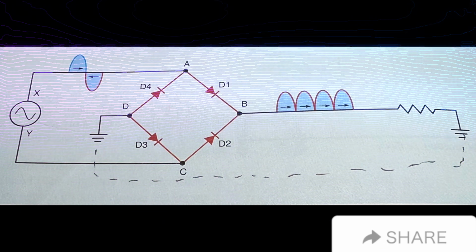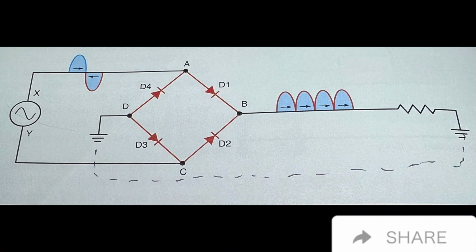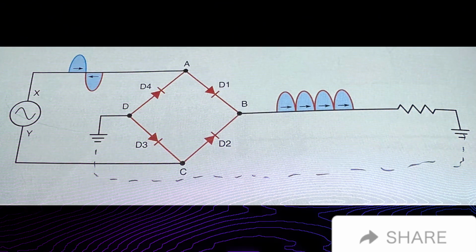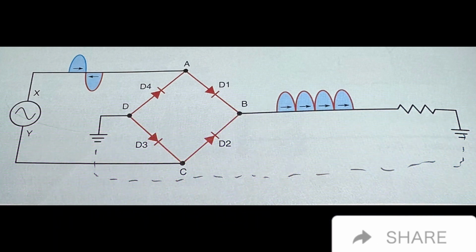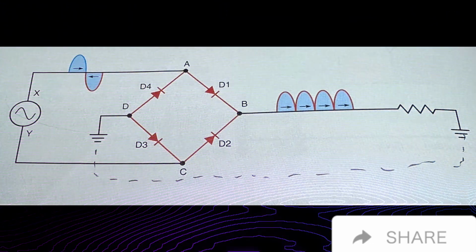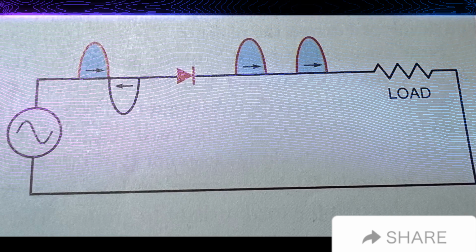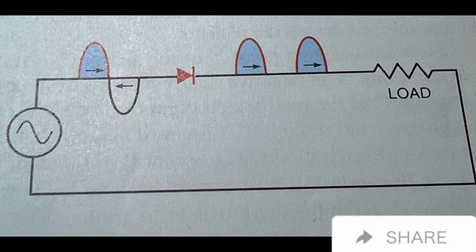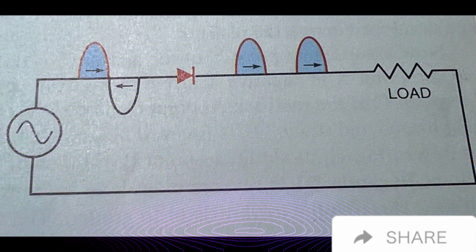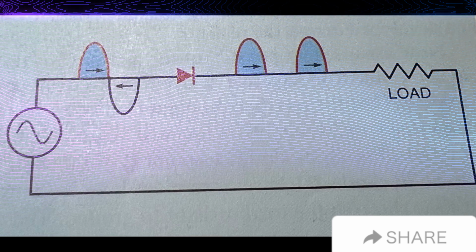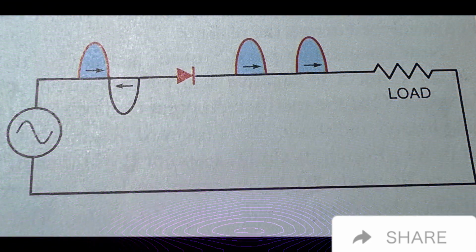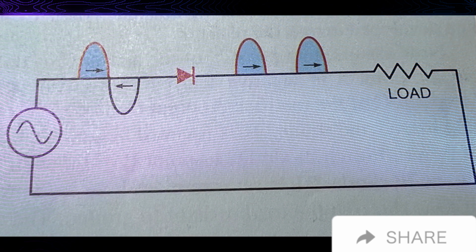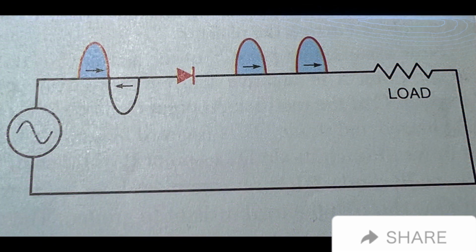Diodes can be connected to produce full wave rectification, which means that both half waves of the AC current are made to flow in the same direction. A full-wave rectifier is better known as a bridge rectifier.